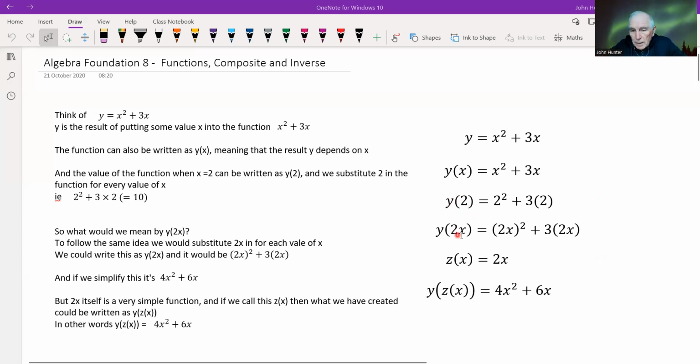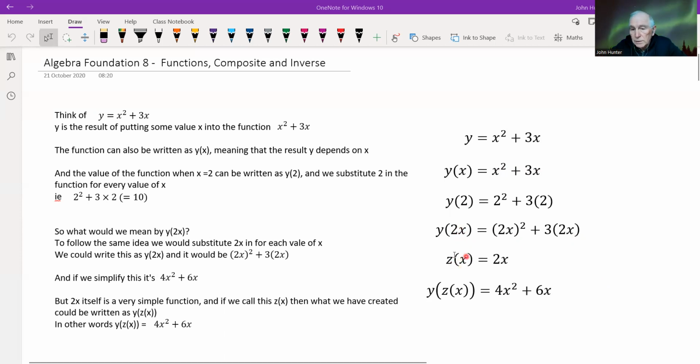Now, what would we mean by this, y of 2x? Well, we follow the same plan basically. For every occurrence of x in our function here, this is the function on the right hand side, we would substitute 2x. So in this case we get 2x all squared plus 3 times 2x, which comes to 4x squared plus 6x, should we simplify it. Now, 2x itself, of course, is a function.